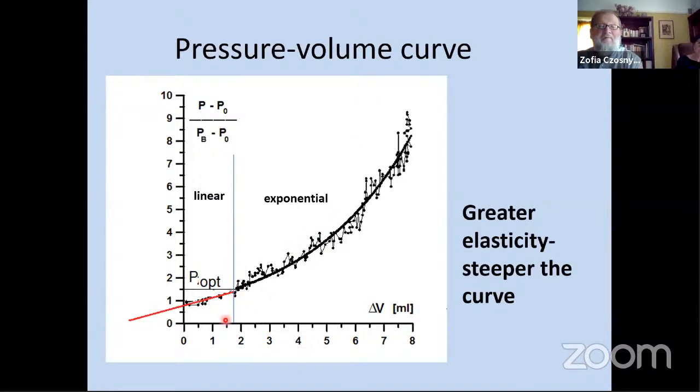It means a change in the volume of CSF space produces higher or faster changes in intracranial pressure. But below P-opt, this line becomes linear. So sometimes we say here is a region of poor compensatory ability, and here good compensatory ability.